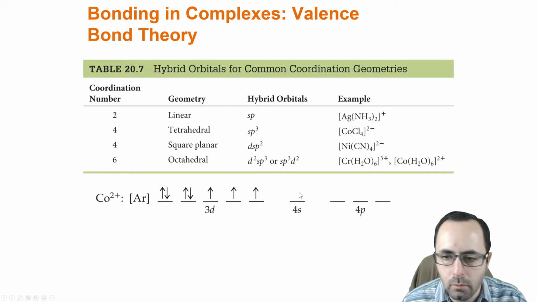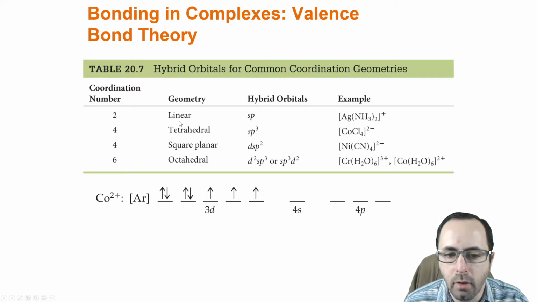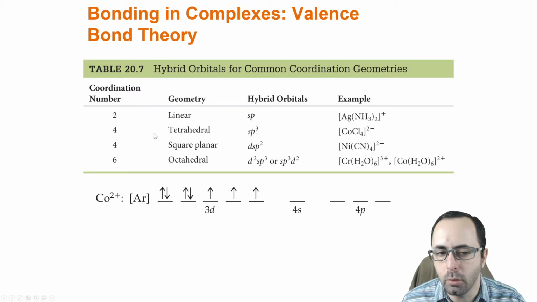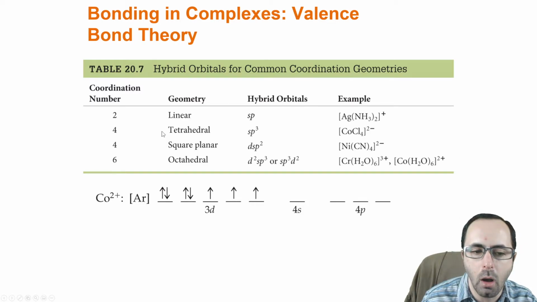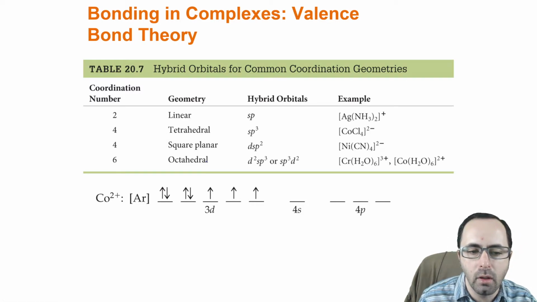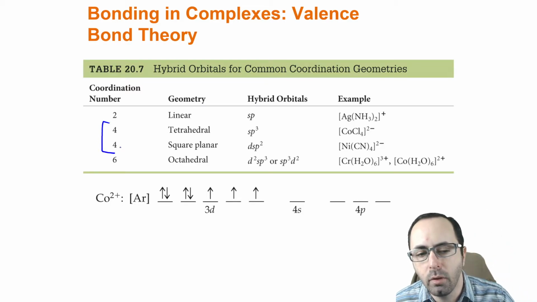In terms of hybridization, linear and tetrahedral should be familiar to you from your Chem 150. If it's linear bonding, you need 2 orbitals. Those will be hybrid orbitals made from an s and a p orbital, so we call those sp hybridized orbitals. This will be the case for all compounds that have coordination number 2. For compounds that have coordination number 4, the hybridization can lead to orbitals in 2 different shapes.